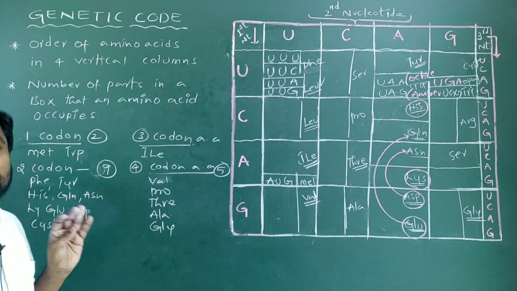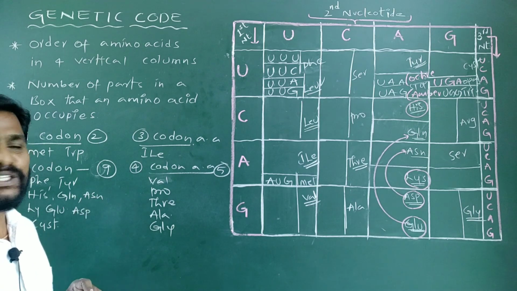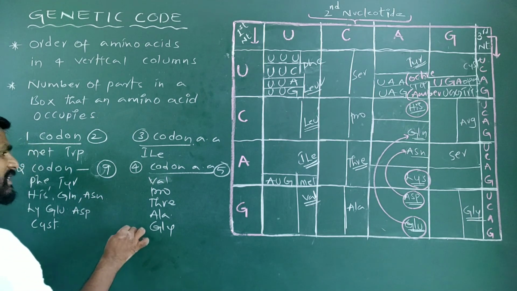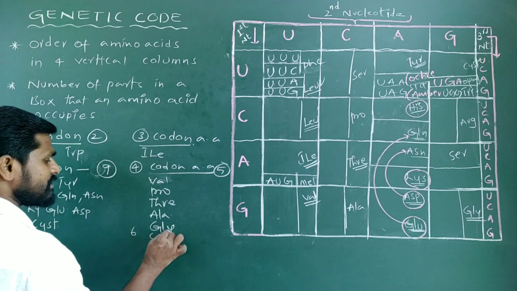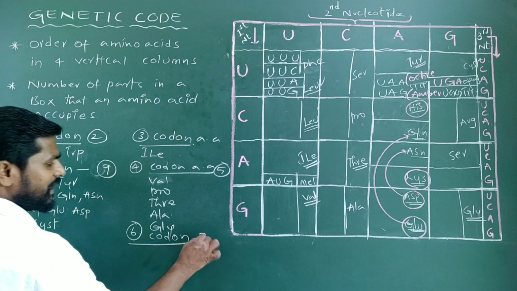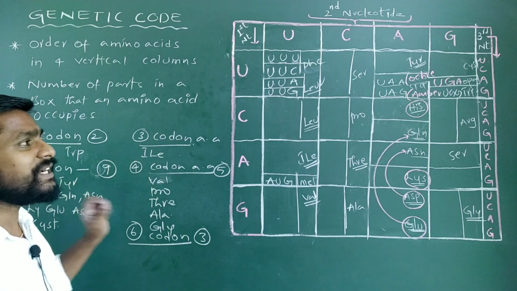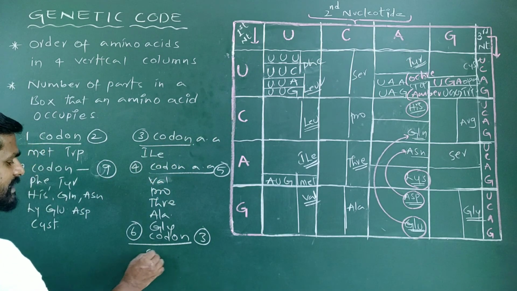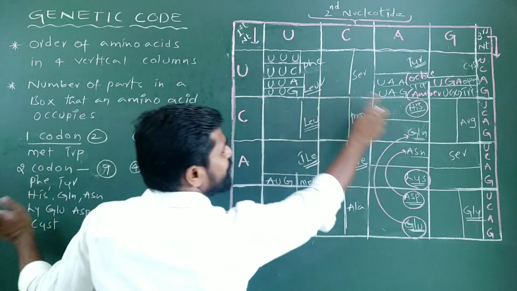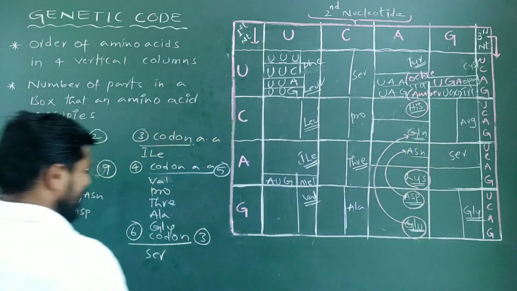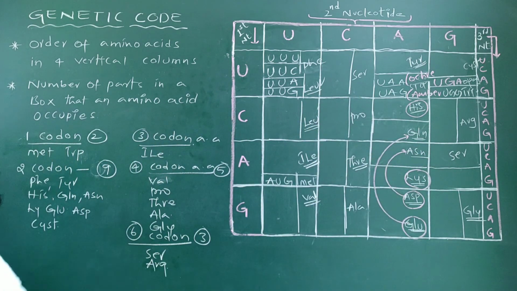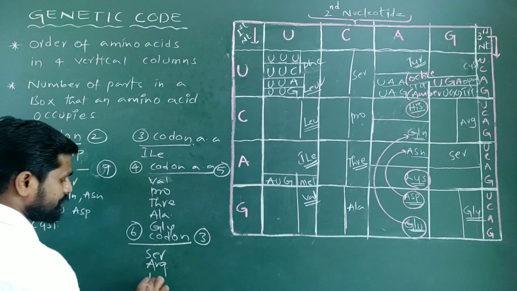And there are no amino acids coded by 5 types of triplet codons. And the last one is the amino acids coded by 6 codons. There are only 3 amino acids coded by 6 triplet codons. Those are serine, here 4 and there 2, arginine and leucine.